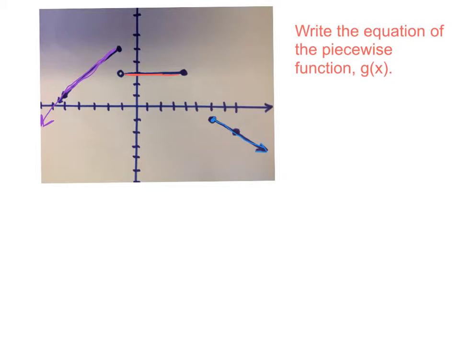So using the 2 ordered pairs given, I'll find that this section is y equals negative 1/2 x plus 2. I'll find that this middle section, since all y values are 3, just y equals 3 is its equation.